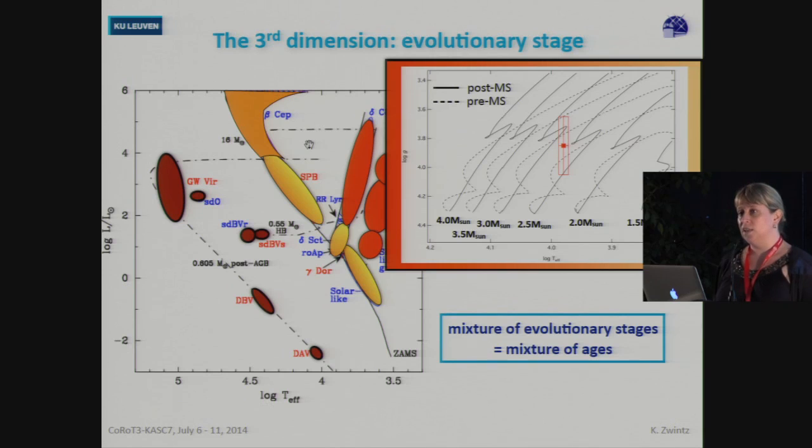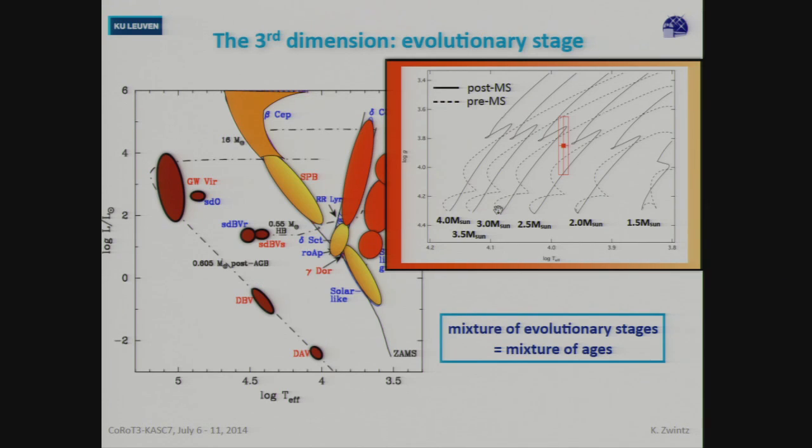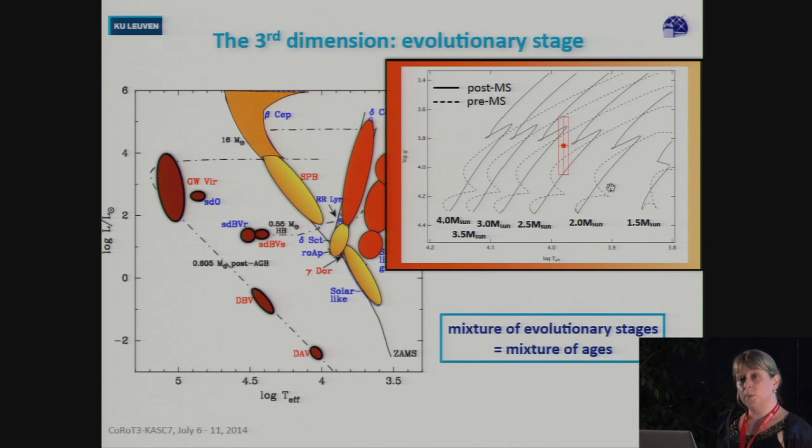So if you look at this region in the Hertzsprung-Russell diagram, why is there this ambiguity of evolutionary stages? It's because the evolutionary tracks of pre- and post-main sequence stars intersect, as is shown in this diagram here. You see, the solid lines show post-main sequence tracks and the dashed lines pre-main sequence tracks between 1.5 and 4 solar masses, just as a snapshot of a region.